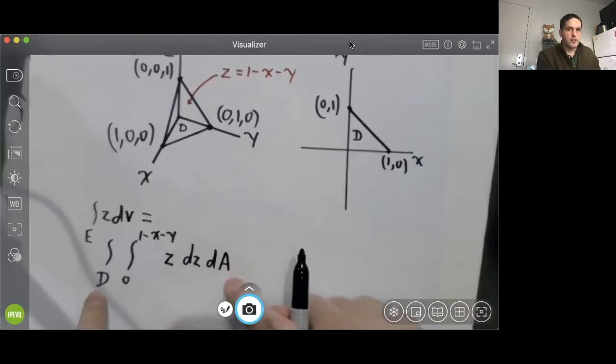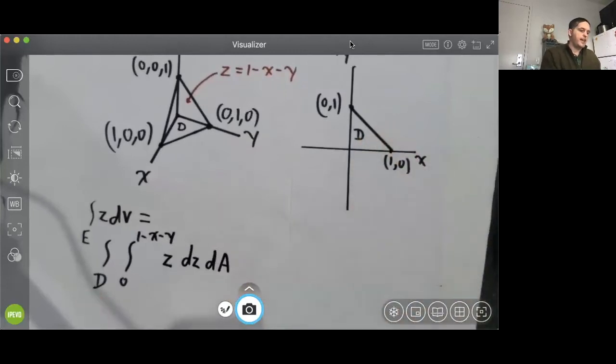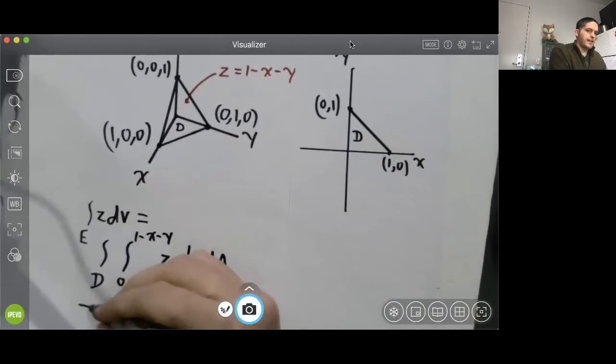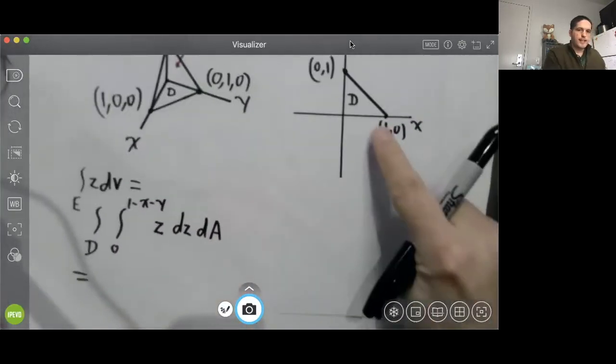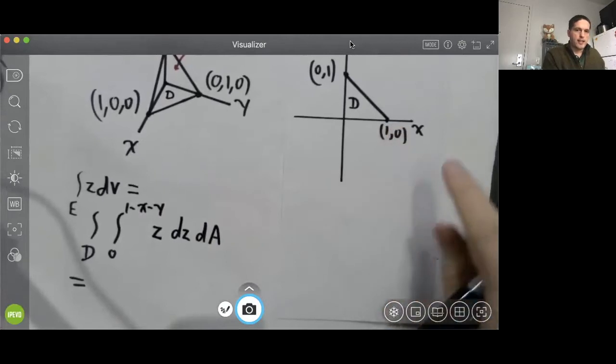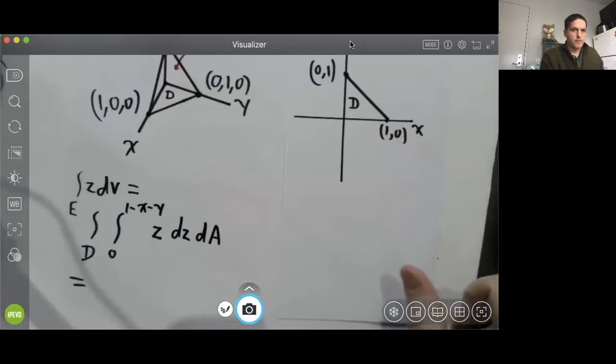In the outer integral, we're integrating over this region D here. Okay, now because this region D is a type 1 region, we know how to integrate over the region D.